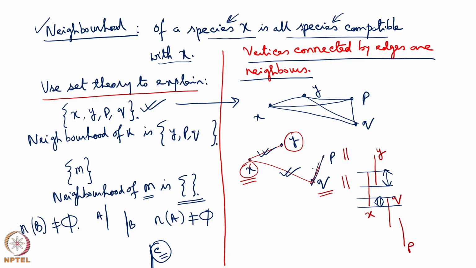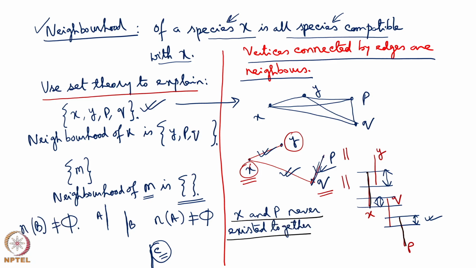P and q for some time existed together, and as you can see x and p never existed together. Here is x and here is p. There is no common time. Therefore, x and p are not connected by an edge. Similarly, q and y are not joined by an edge.